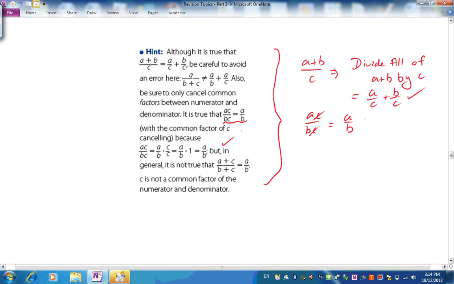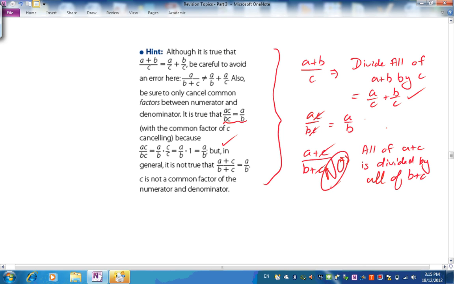And they do that here. But the problem with it is, if you do this, you can't cross out the C's here, because this implies all of the top line is divided by all of the bottom line, B plus C. So if you just do that, no, because you're not doing the meaning of the fraction.